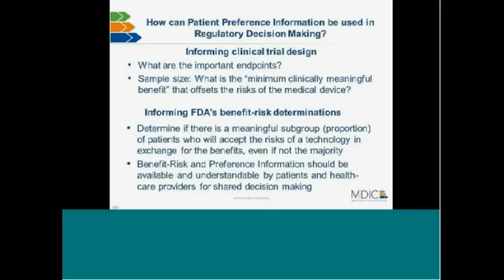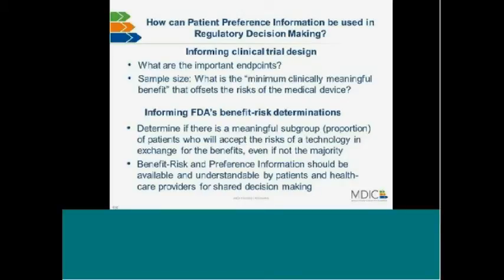Now we get to the end of the trial, we get our results, we know the benefits of the technology. With some uncertainty, we know the risks. Now we have to determine whether the benefits outweigh the risks. They might outweigh the risks for some patients, they might not outweigh the risks for other patients.